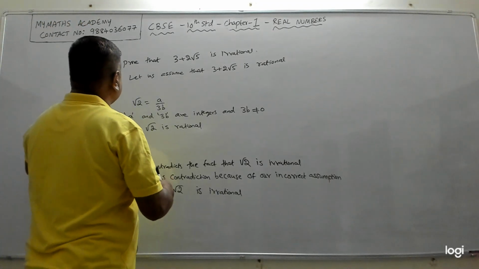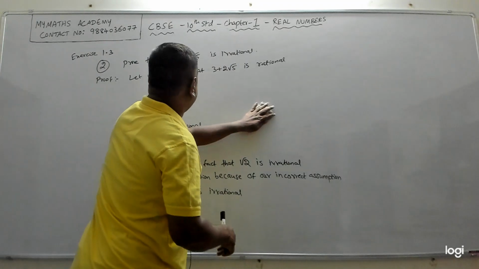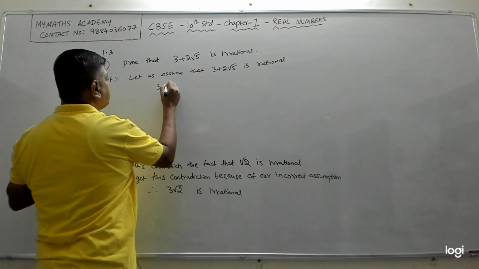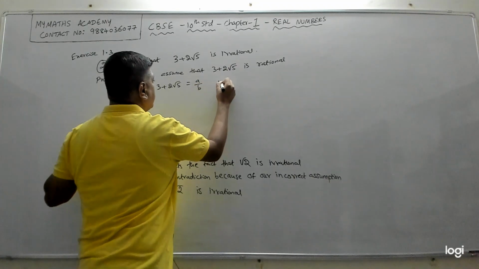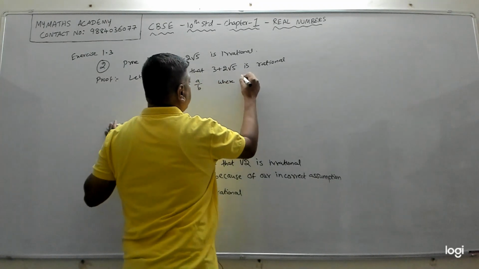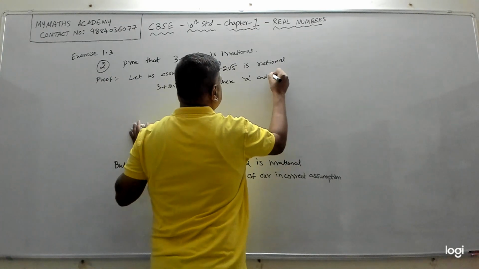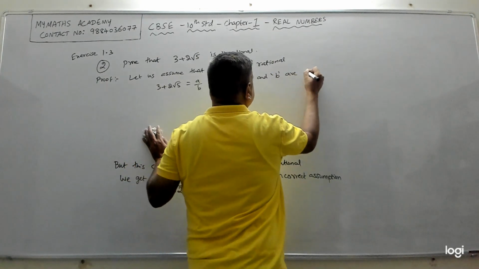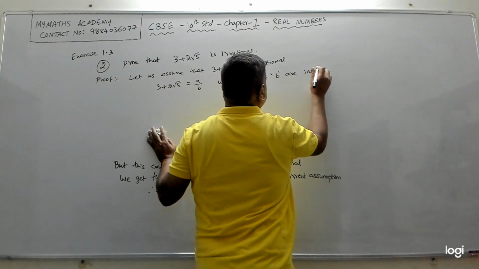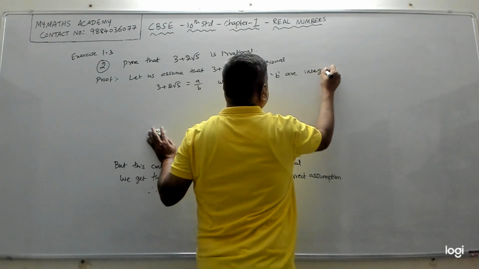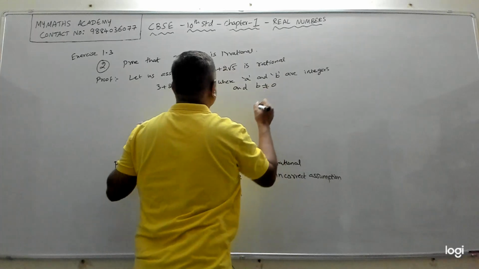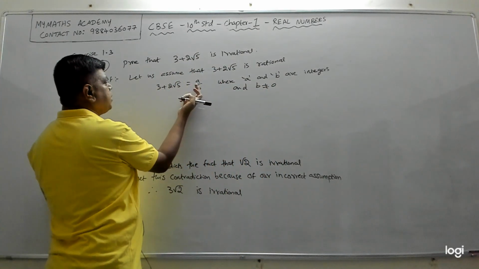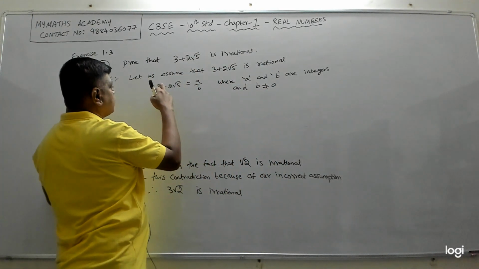So now, since we assume it is rational, I can write 3 plus 2 root 5 in the form of a by b, where a and b are integers and b is not equal to 0. Now I will throw this 3 to this side.